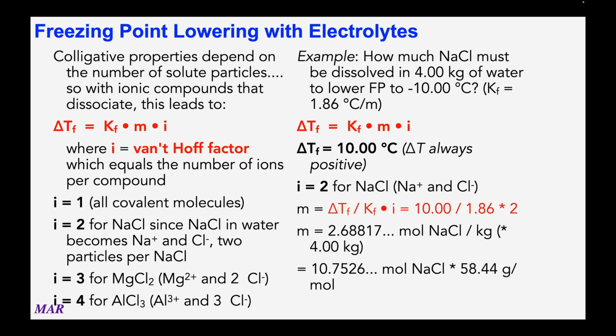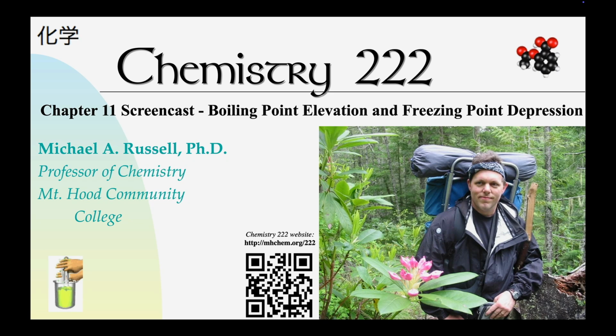And we have the K value there, so let's use all this information to calculate the molality, which is this number right here, 2.68817. That's the moles of sodium chloride per kilogram of solvent. It's the molality that we solve for there.